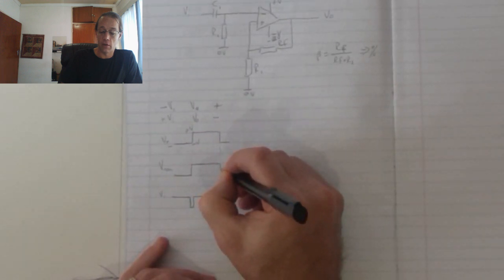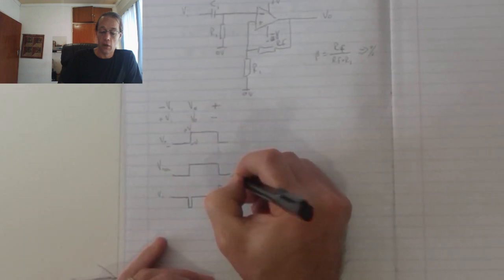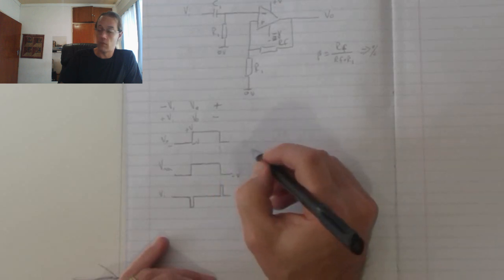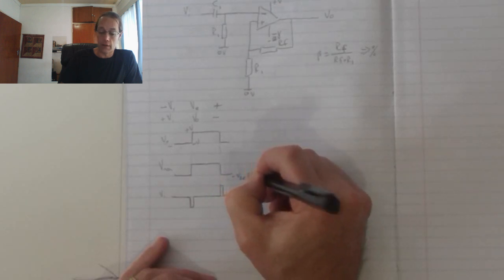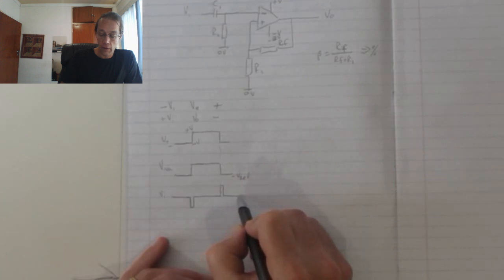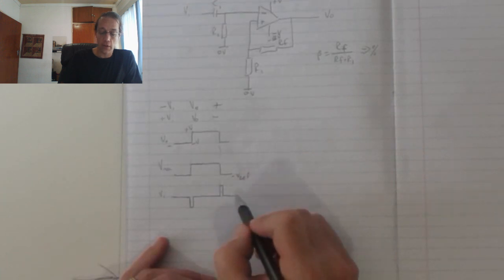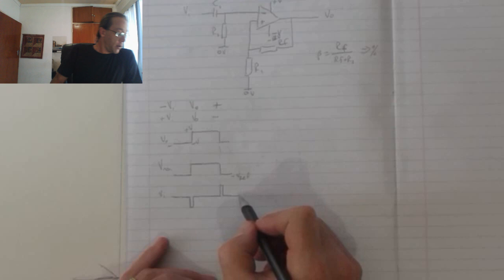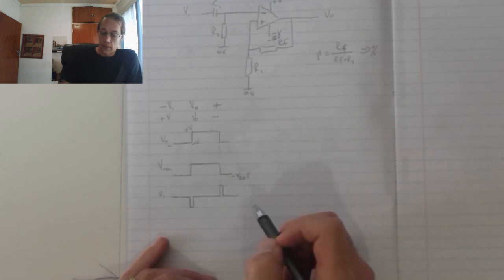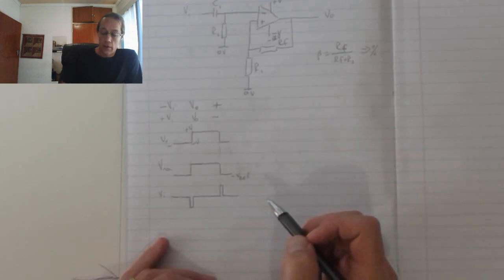That will cause my reference to go back into the negative supply voltage, and that allows us to now wait again for the negative pulse that will switch the bistable into the opposite state.